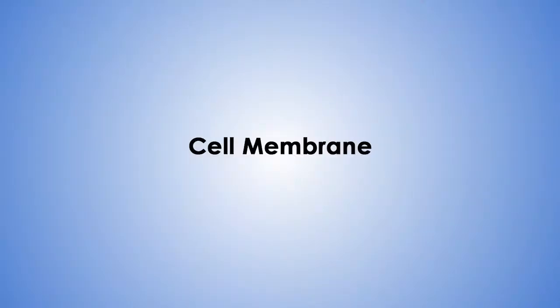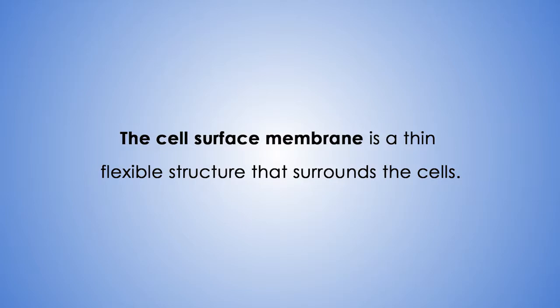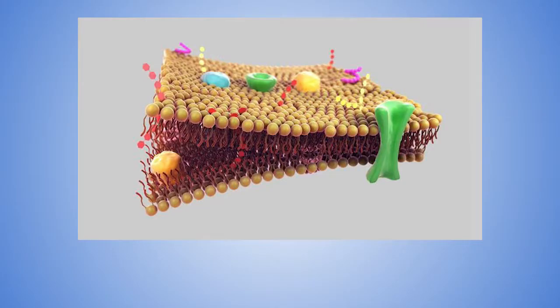Let's begin now with the cell membrane. The cell membrane is a thin, flexible structure that surrounds the cell. It is made up of proteins and fats and controls the movement of materials in and out of the cells. The membrane is selective in that it only lets certain particles pass through it.